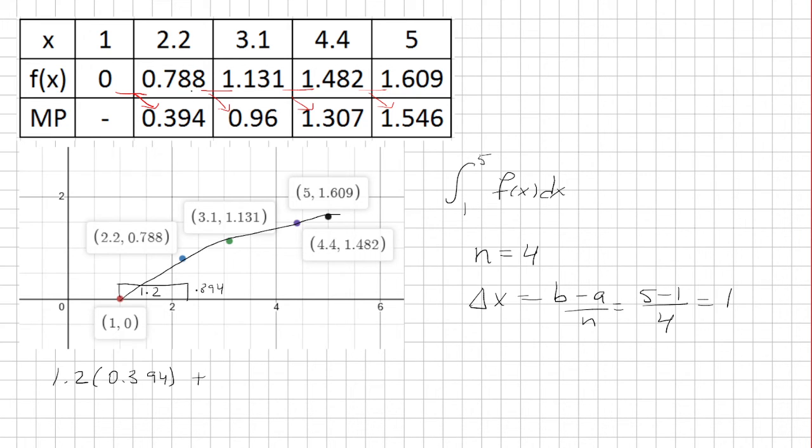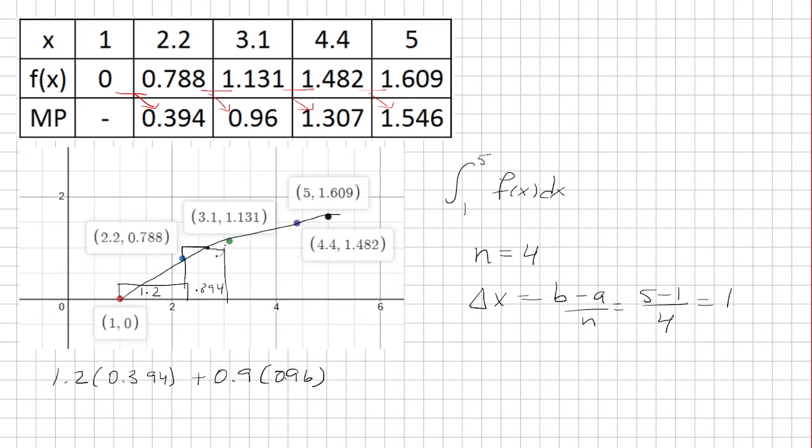So we go from 2.2 to 3.1. The base is going to be 0.9, and then the height is 0.96.